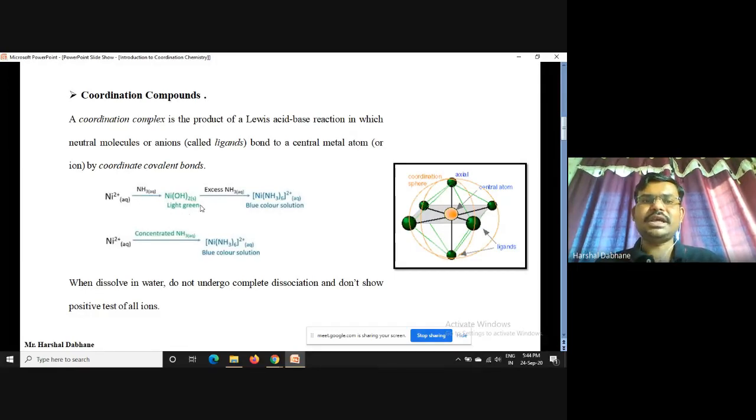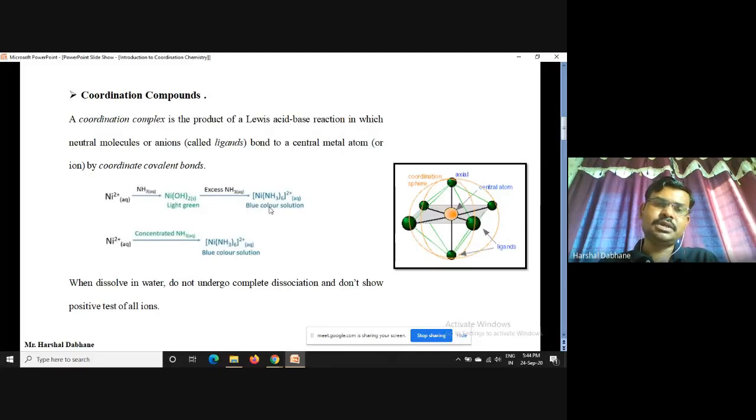After excess addition of NH3, we get a blue solution, called hexaamminenickel(II). Hexa, because we have six NH3 here. NH3 is called ammine, and the 2 means the oxidation state.